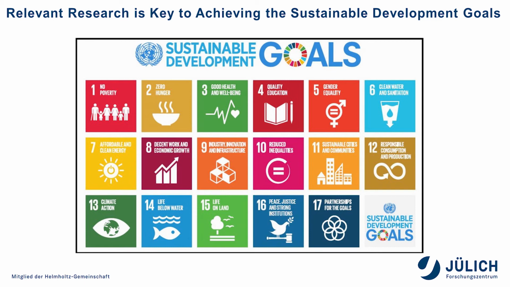So one of them is zero hunger. The food supply critically depends on the weather situation, but also on air pollution. This again, of course, in turn can feed back on poverty. Good health and well-being is related to air pollution. The World Health Organization estimates roughly 3 million deaths per year due to air pollution.